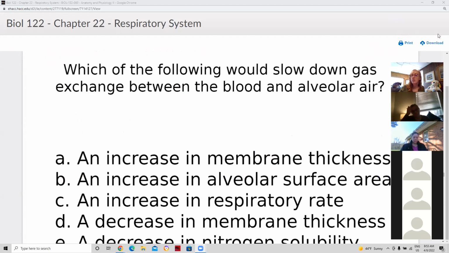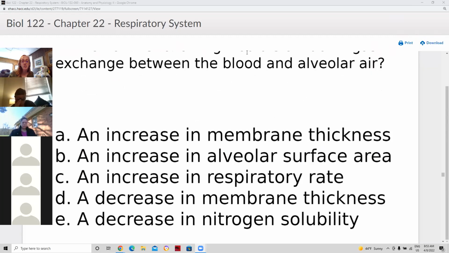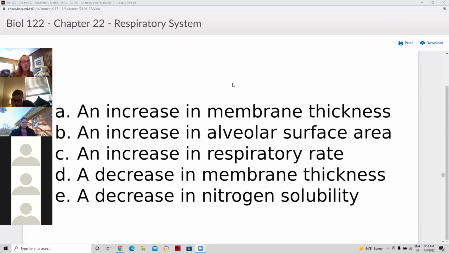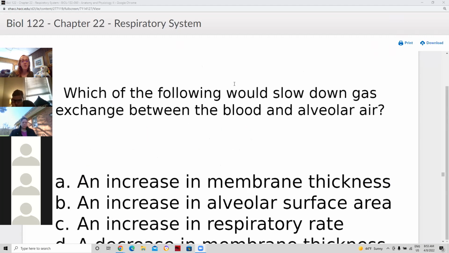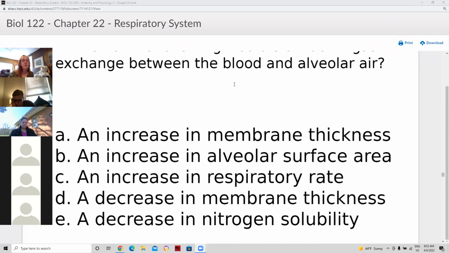Which of the following would slow down gas exchange between the blood and the alveoli? I could be wrong, but B. You're close, Jade.